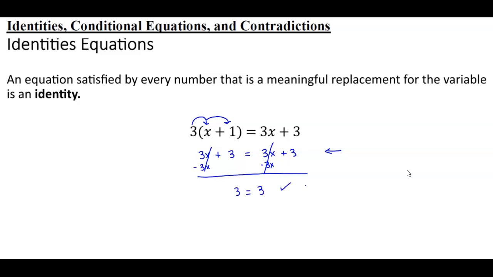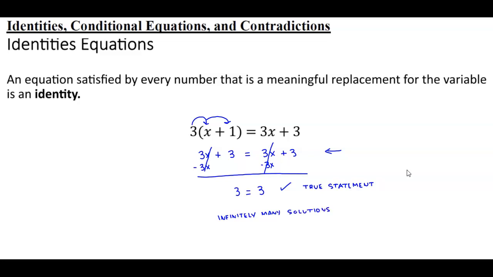This tells us that this is a true statement. And because this is a true statement, this is an identity. What this also tells us is that this has infinitely many solutions.